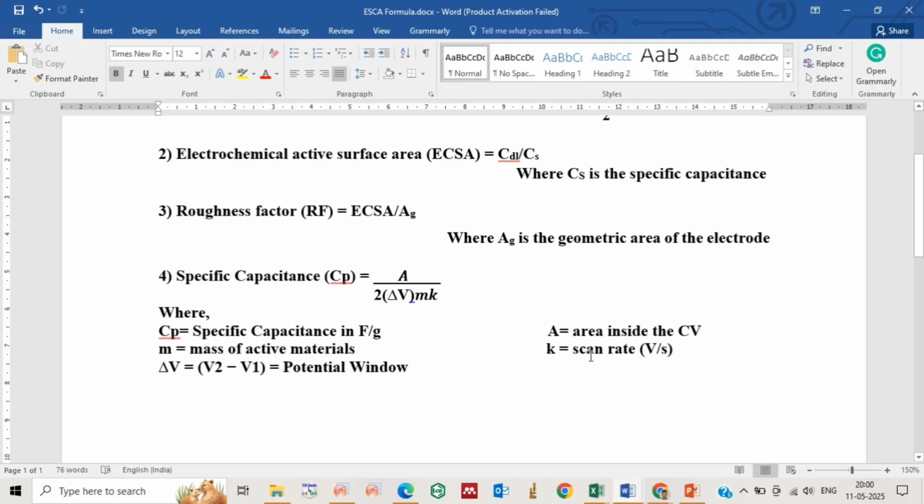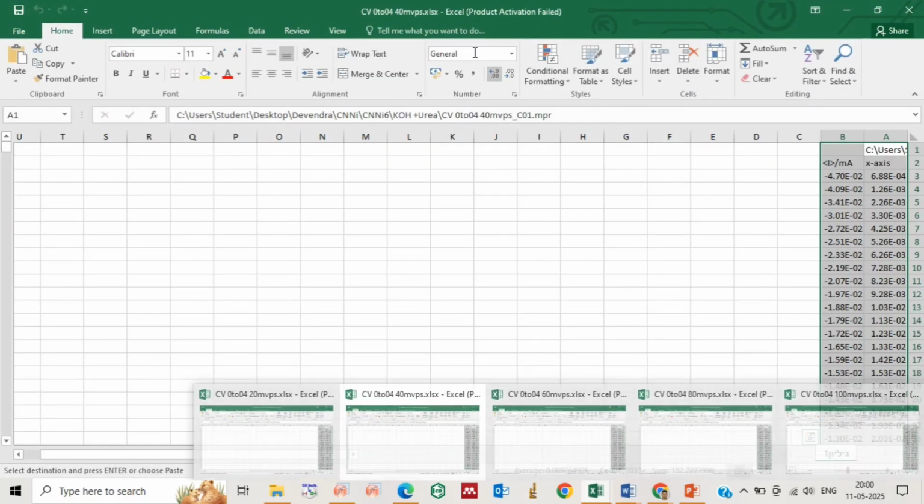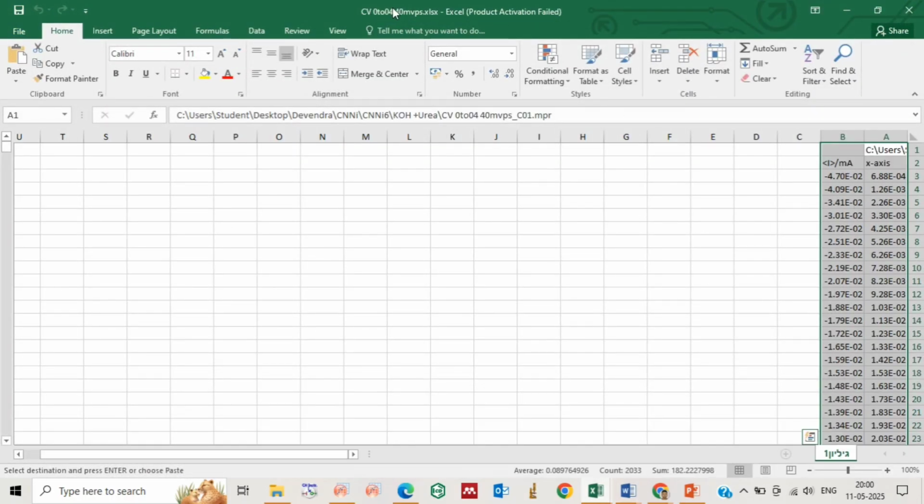Okay, so starting with the first one, that is electrochemical double layer capacitance, we will calculate. So for this we need a cyclic voltammetry recorded at different scan rates in the non-Faradaic region.